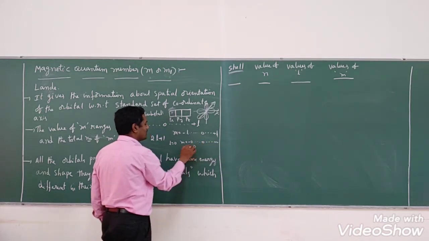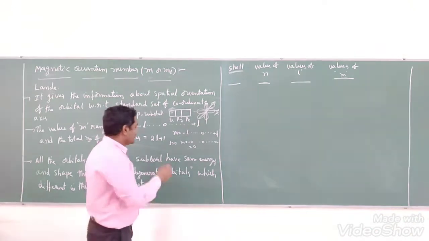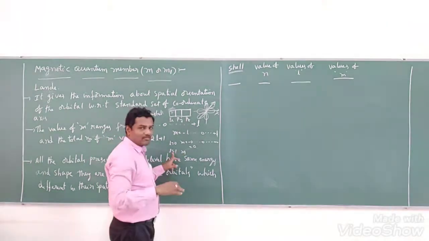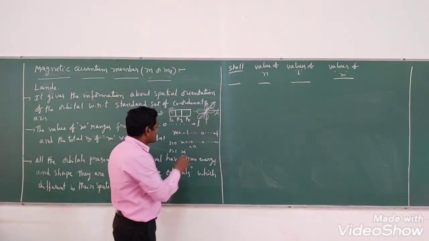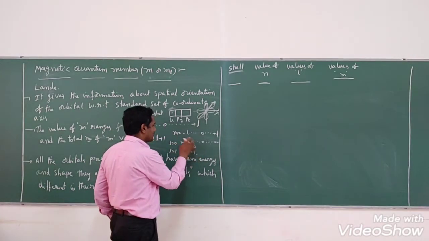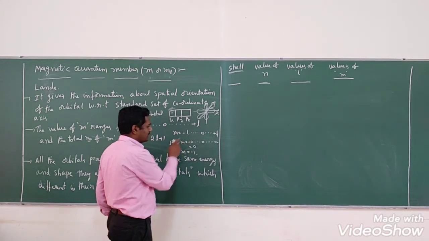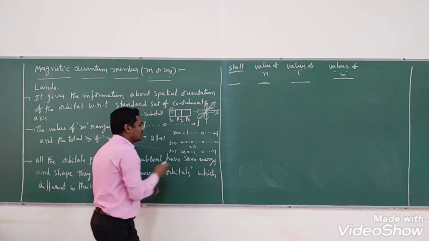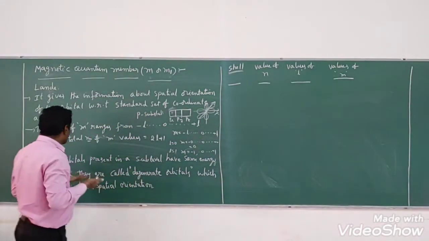So total only one value, that is m equals 0. You may ask, l equals 1 means what, sir? If l equals 1, the possible m values are, in place of l you put 1: minus 1, 0, plus 1. So total how many values? 3.